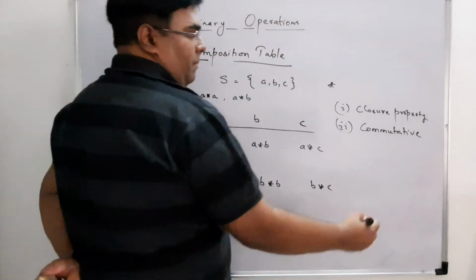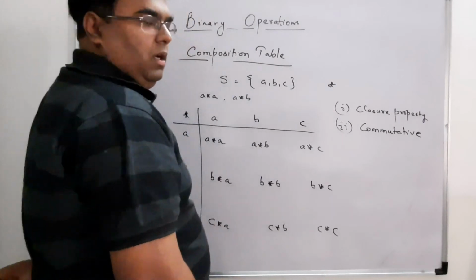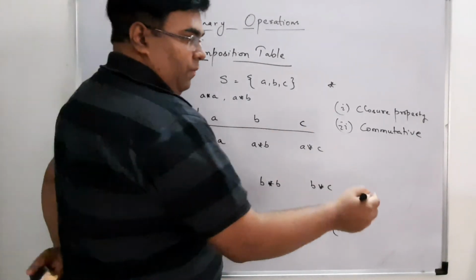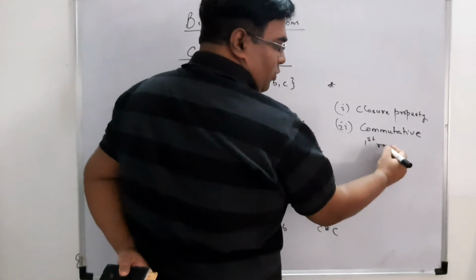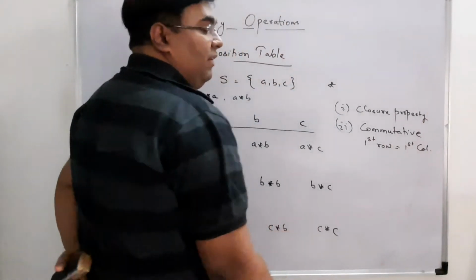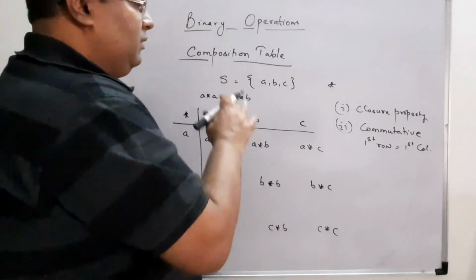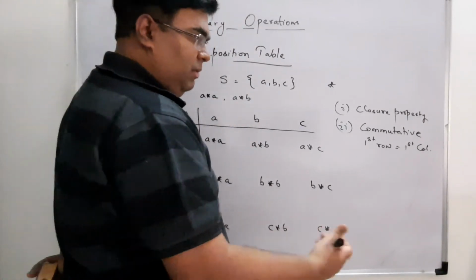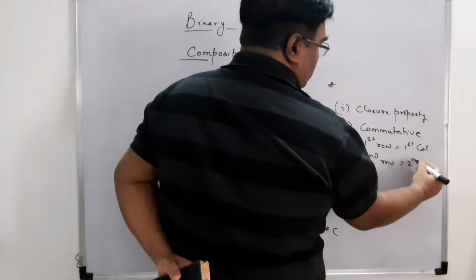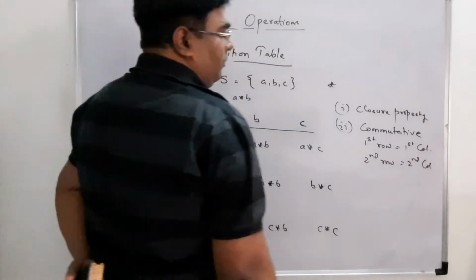Second, the commutative property. If my first row is equal to the first column, then we can say that the operation is commutative. Similarly, the second row should be equal to the second column.